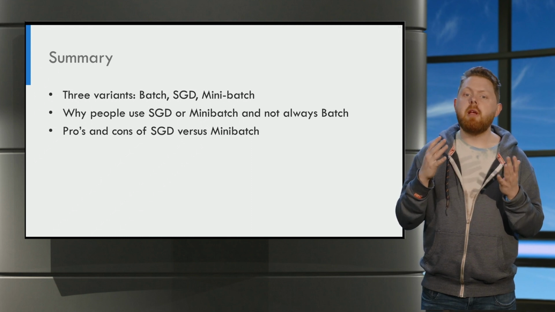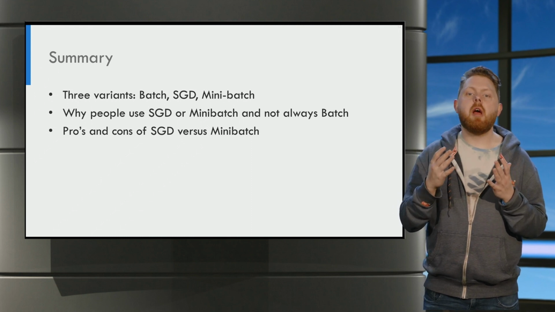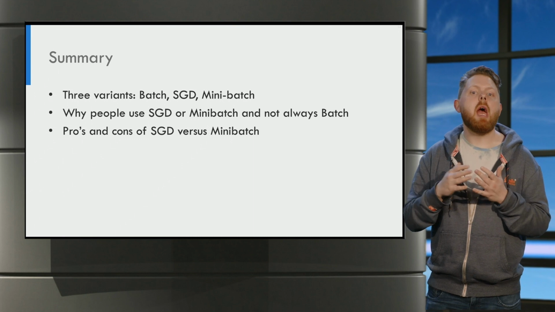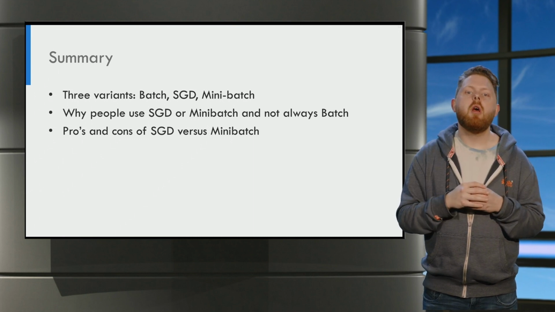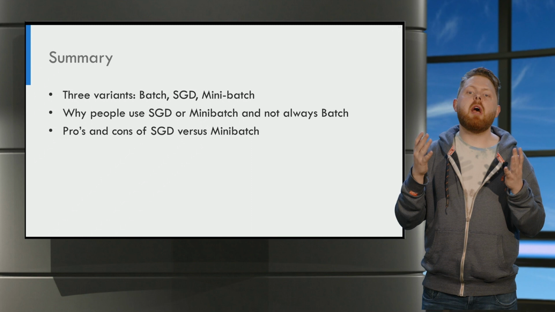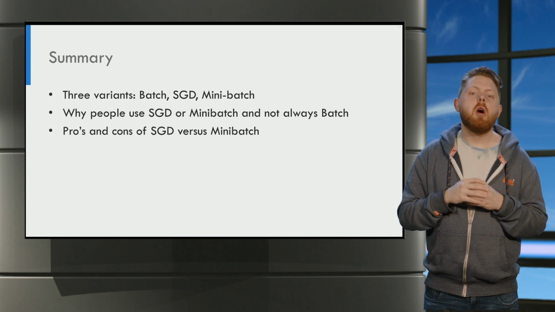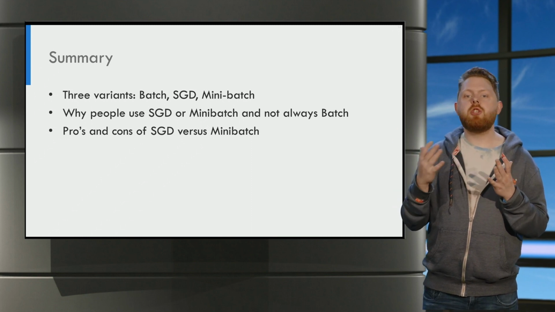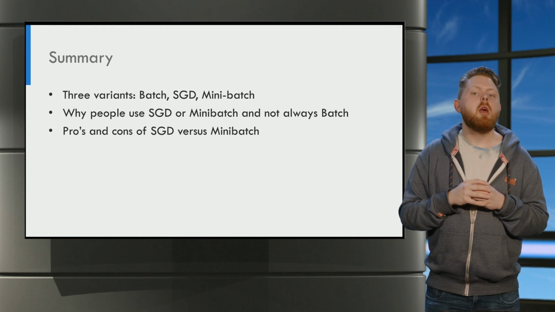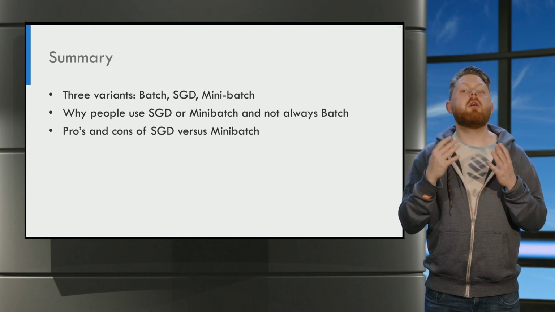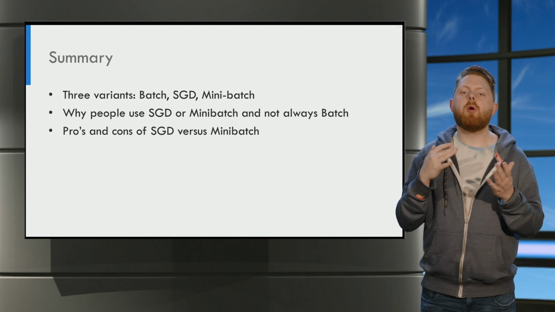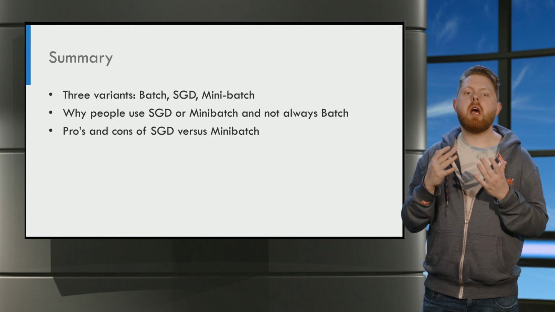Batch uses the complete training dataset and therefore has the most accurate updates and is most efficient. Use batch only if you have enough memory. Otherwise, we can use SGD or mini batch. Mini batch is preferred because it is more efficient and has more accurate updates compared to SGD.